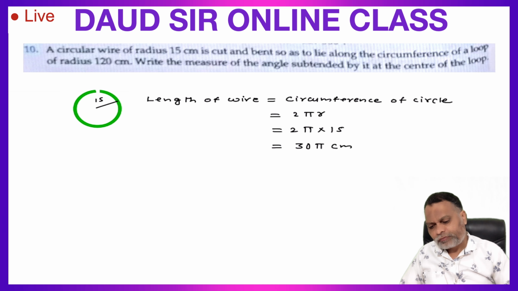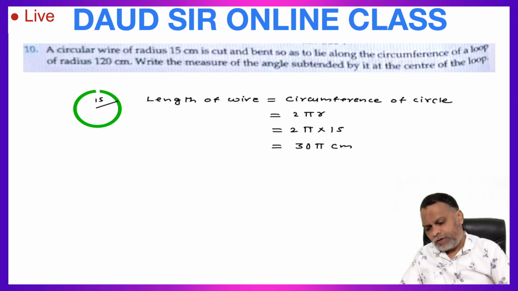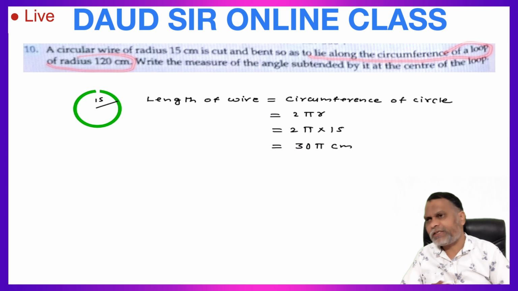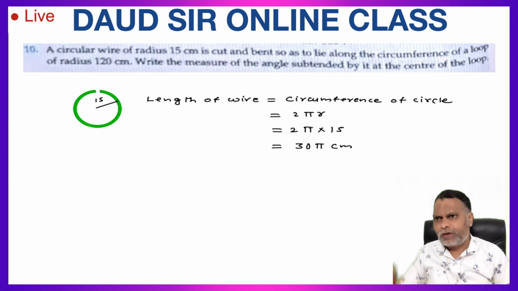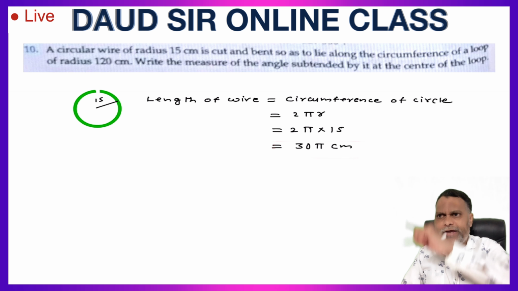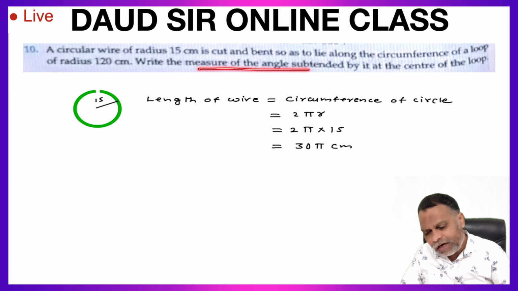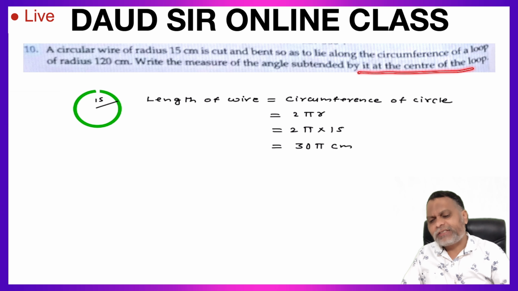This wire lies along the circumference of a loop of radius 120 centimeter. There is one loop. Its radius is 120 centimeter and this length of wire lies on that loop. So we write the measure of angle subtended by it at the center of the loop.